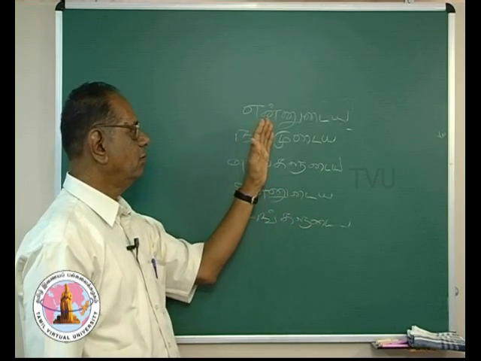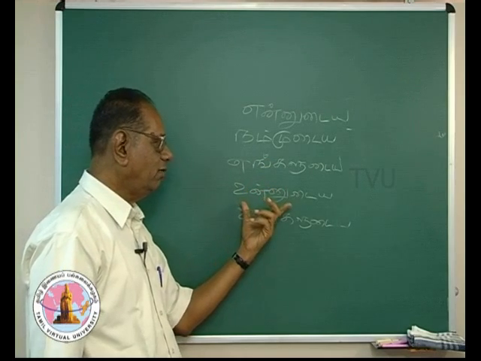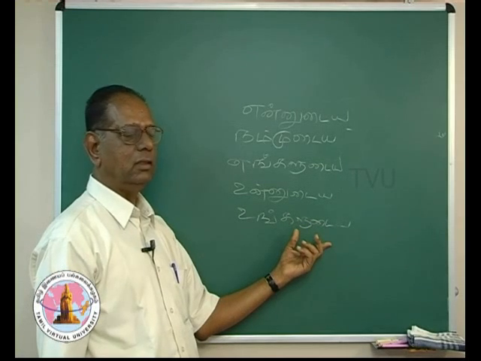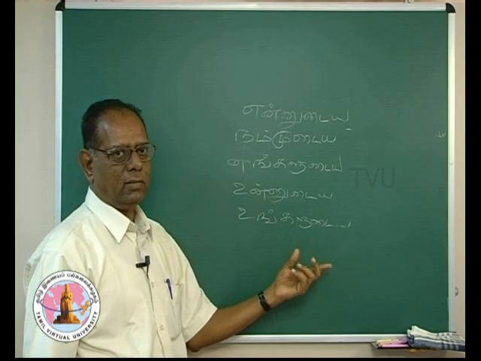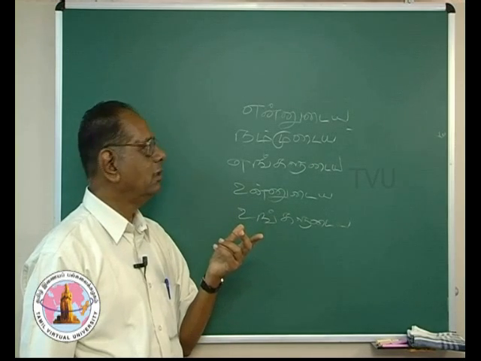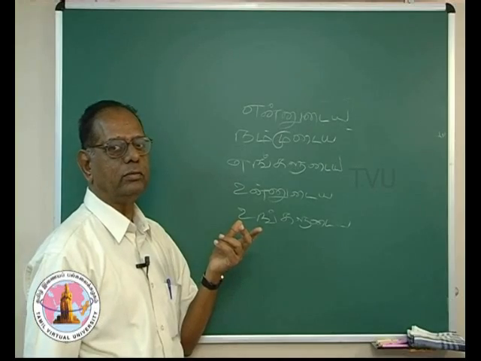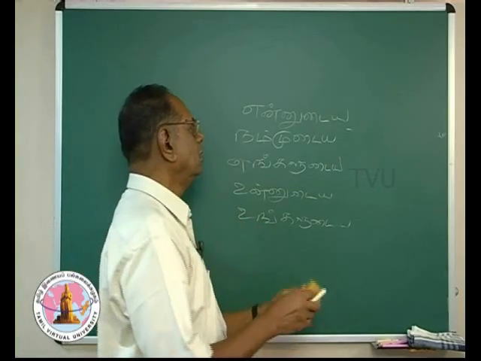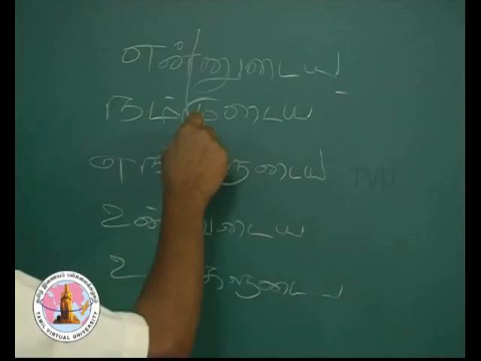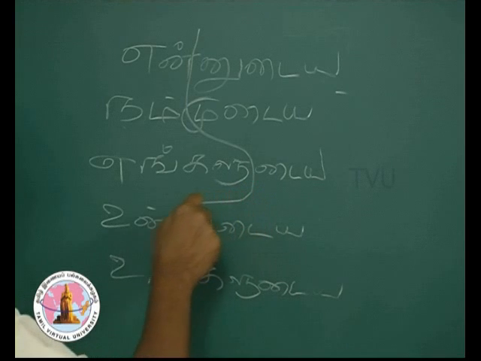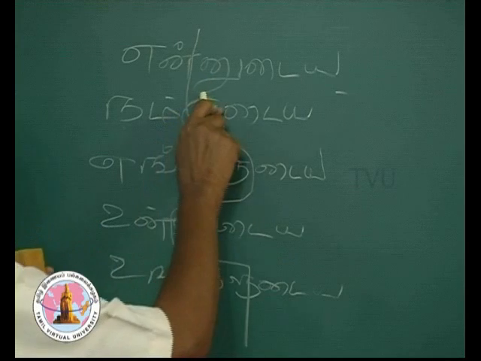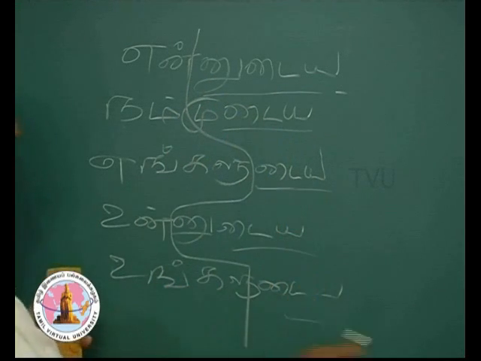Now, we find that one word having so many letters is to be used in this case. So, our elders thought there must be a way out. In this case, if உடைய is removed, what will remain?